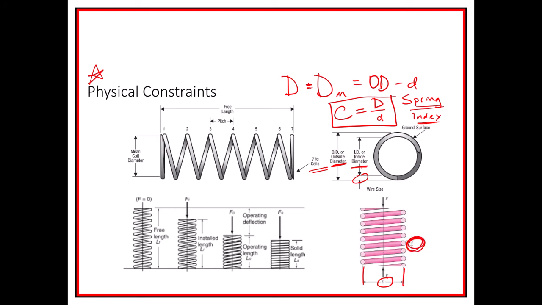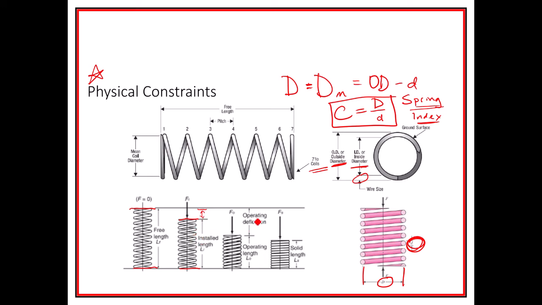In other physical constraints, we worry about the free length of the spring, and then we also consider the installed length, right? This thing by itself will be sitting around being all nice and happy. But when you put it into something, you need to give it a little bit of compression, just so that it doesn't go bouncing around.